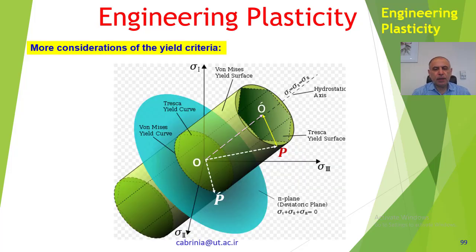Now we have in this presentation some more considerations for the yield criteria. As shown in the figure, we have shown this figure before. This is for the Mises and Tresca yield criteria in three-dimensional space.